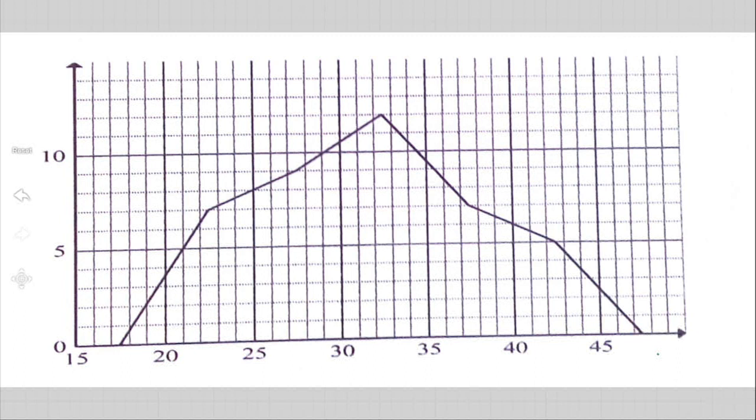On the x-axis, we have the amount of airtime per week. The amount spent is indicated in the table in Emalangeni, and on the vertical axis is our frequency.